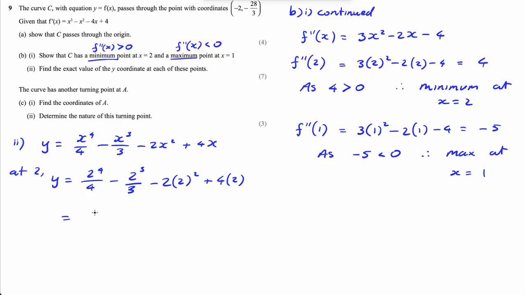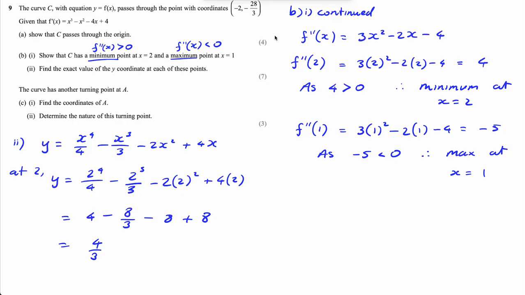This is equal to 16 over 4, which is 4, minus 8 over 3 minus 8 plus 8. So 12 over 3 minus 8 over 3 is 4 over 3.